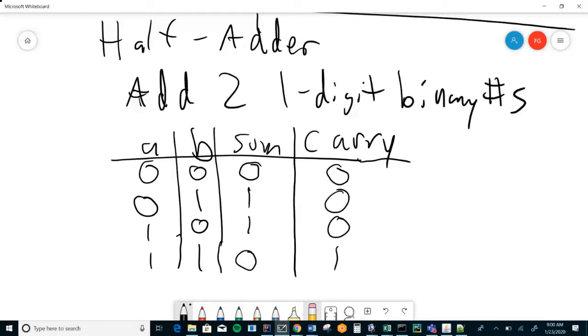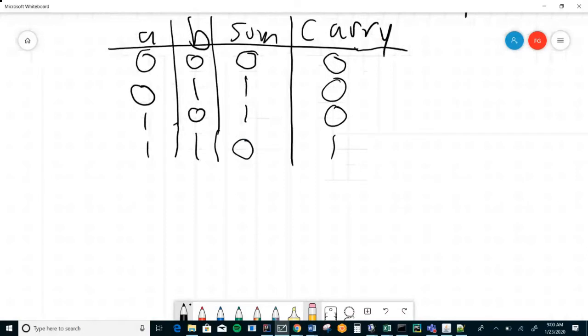So now let's try to imagine maybe some practical implications of this, right? Let's imagine I'm trying to construct a circuit then that will ultimately be able to add 2-digit numbers. So I want to be able to add something like 1, 0 plus 0, 1.